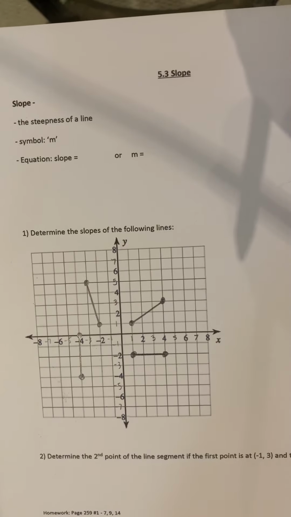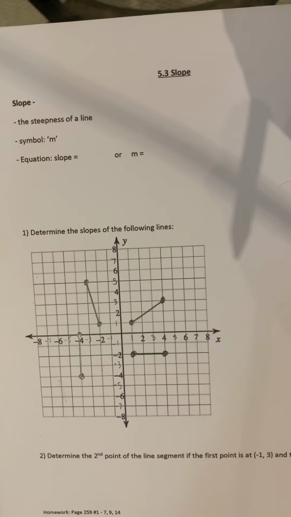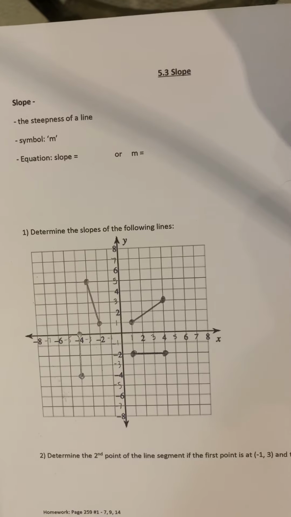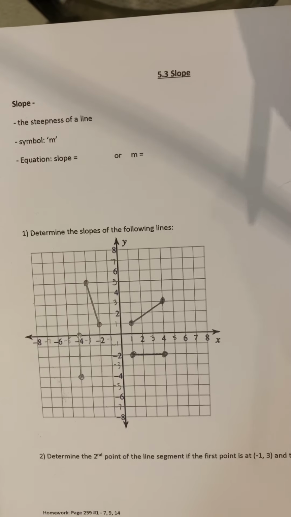The smaller the number, the less steep the line is. The higher the number, the steeper the line is.